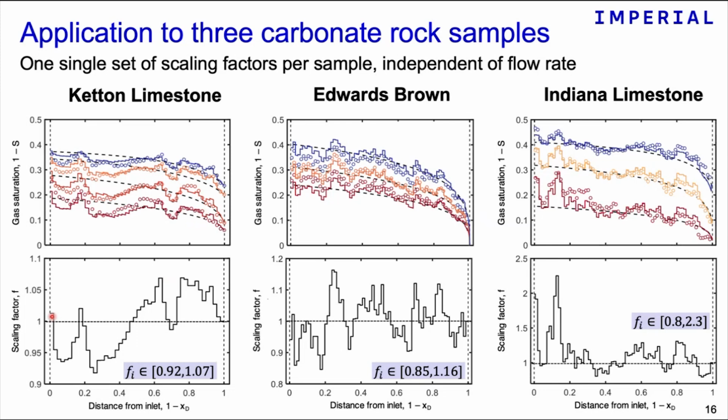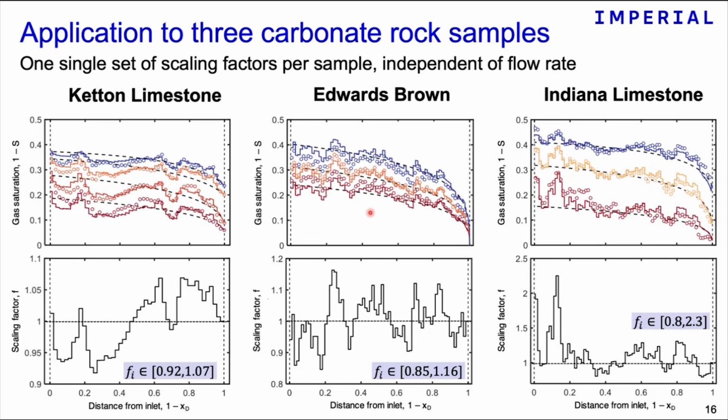And the bottom plots, you see the distribution of these scaling factors, which is a single set of scaling factors for each sample that will capture the behavior at all flow rates, right? And you can see that the different samples will have different ranges of these scaling factors that are needed to capture these variabilities.